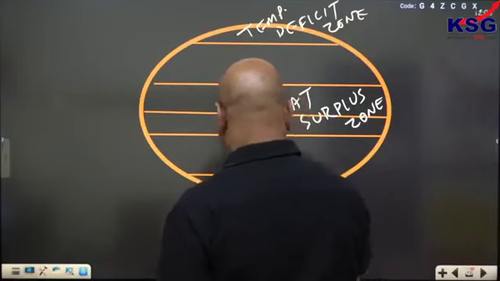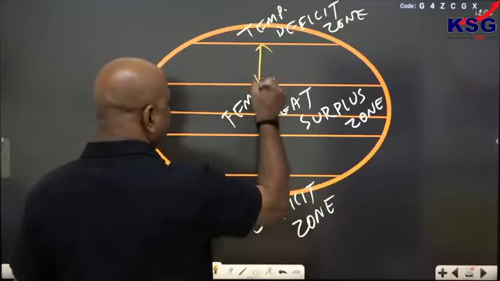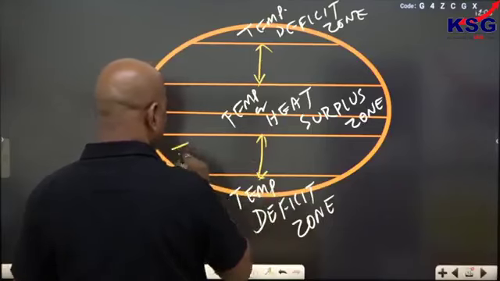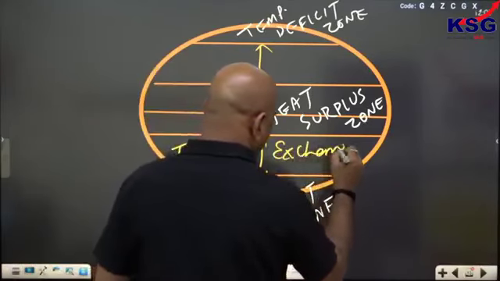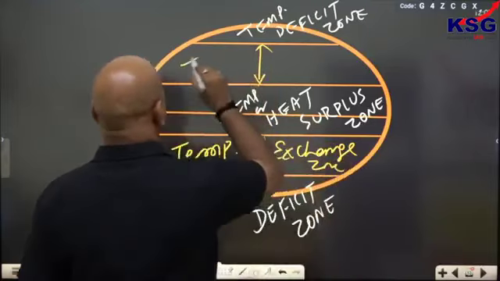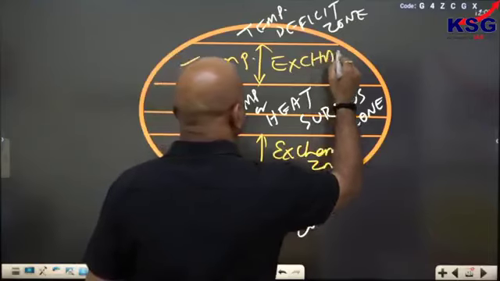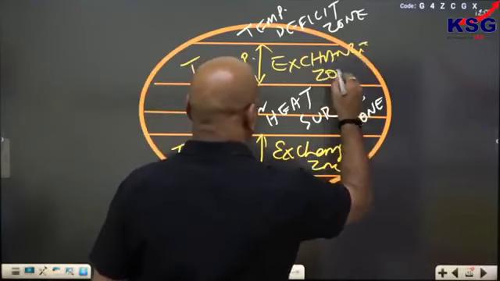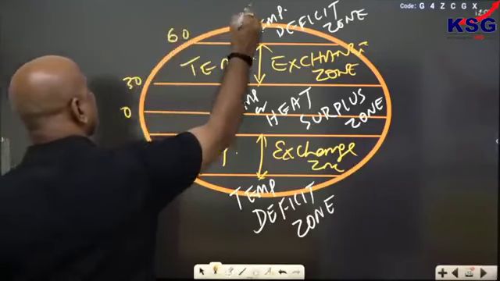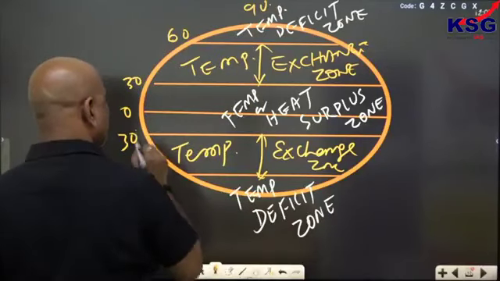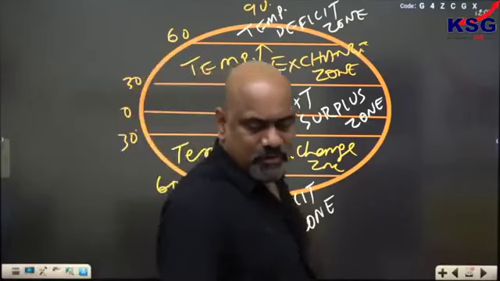And in between these two is the temperature exchange zone. 0 degree, 30 degree, 60 degree, 90 degree. I hope you all were aware about this.